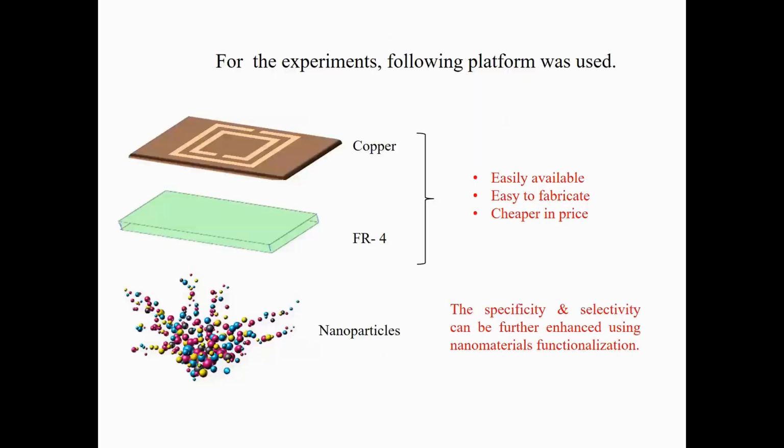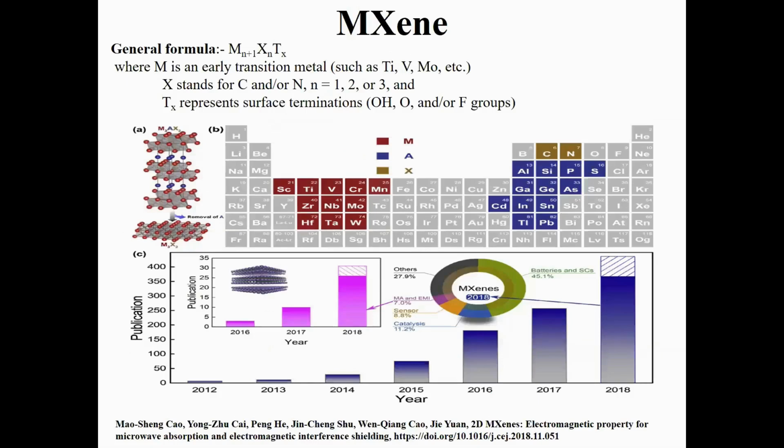As I said, we are using copper and FR4 for the CSRR and the nanoparticles. The nanoparticles will help us in selectivity and specificity because they will enhance our sensing.